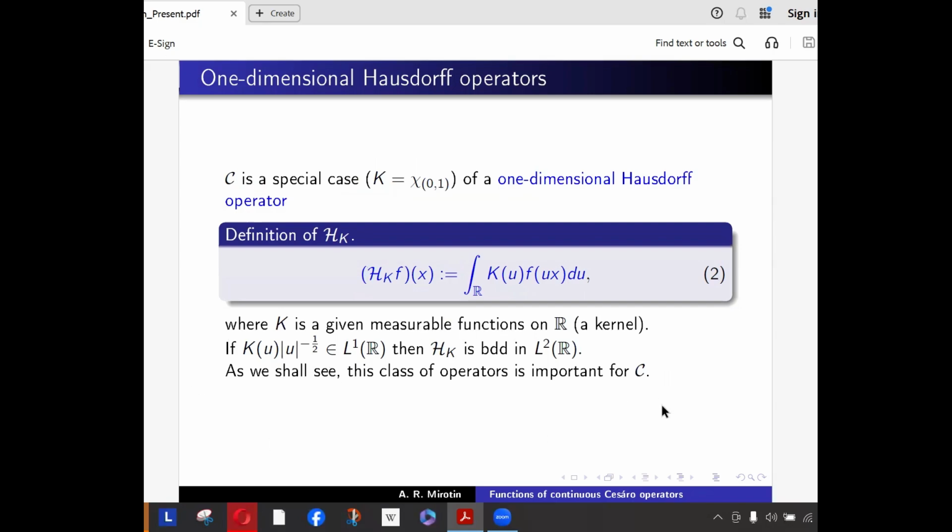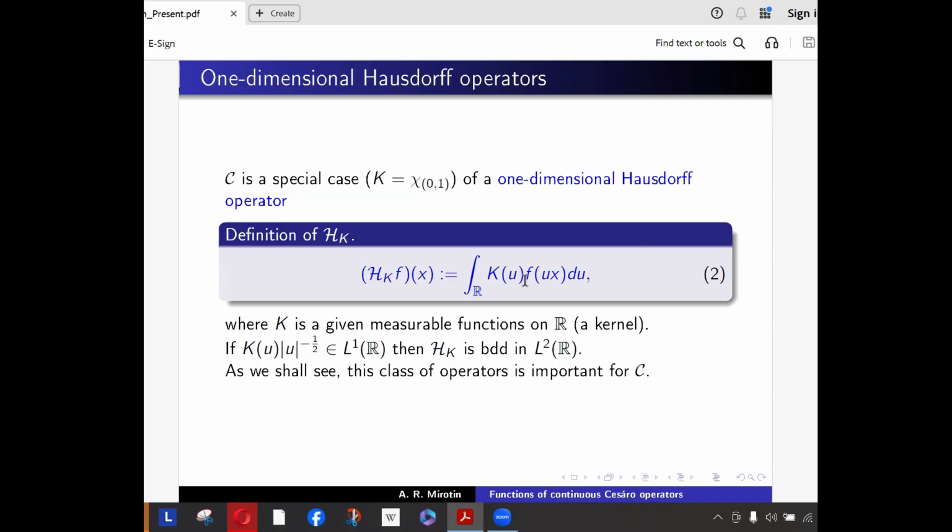If the kernel K in this operator, denoted by H sub K, is the characteristic function of the unit interval, then this general operator HK turns into the continuous Cesáro operator C. The condition of boundedness of this operator HK in L2 over R is the following: the product of K and the modulus to the power minus 1 over 2 should be in L1 over R.